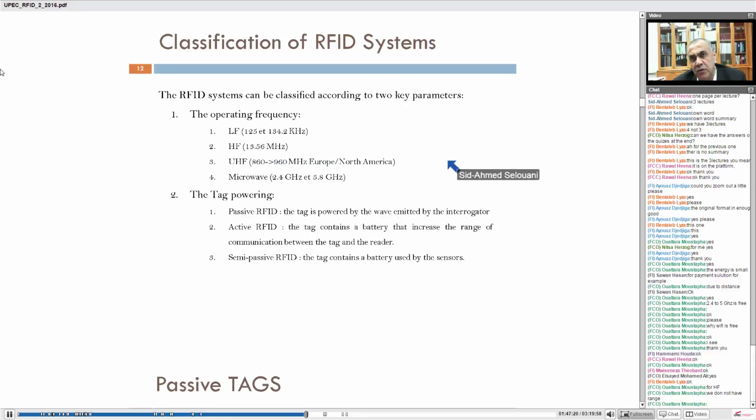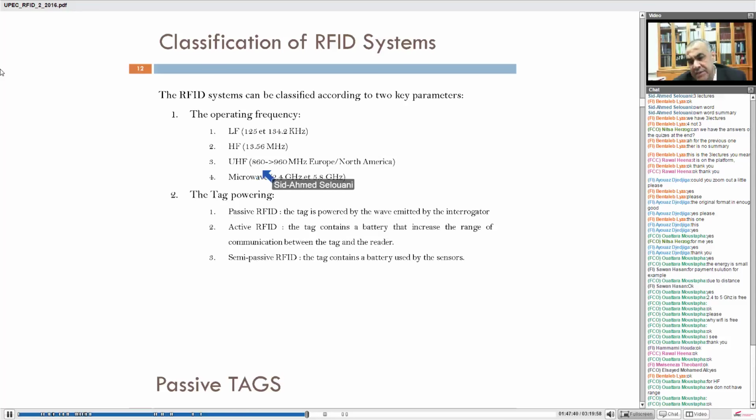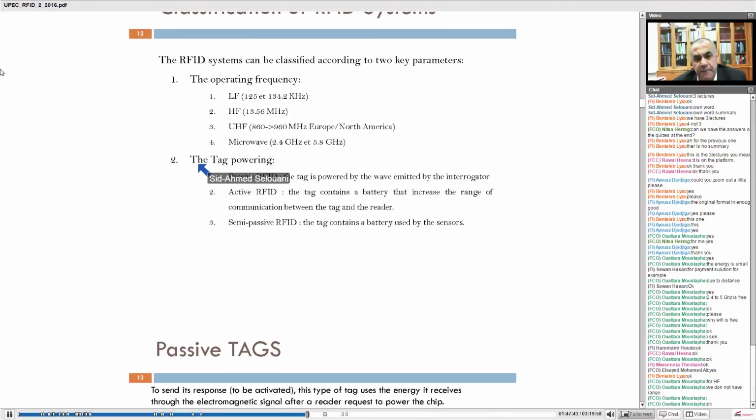Yes, for HF, yes, Watara? No, it's not a range. You have this, and you have another frequency rarely used. It is 400 megahertz, but this is only one. There is no range.